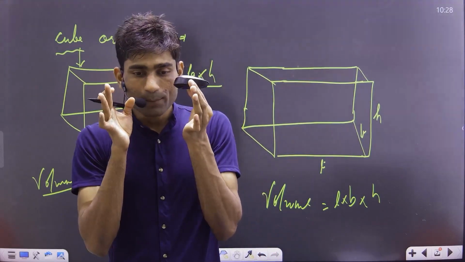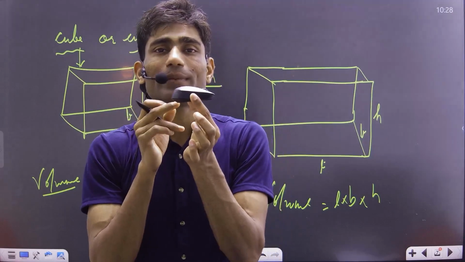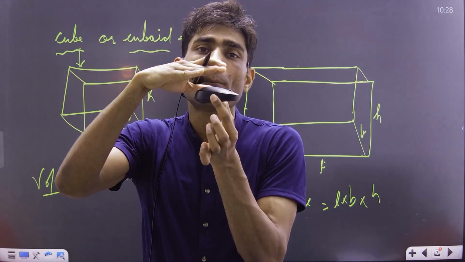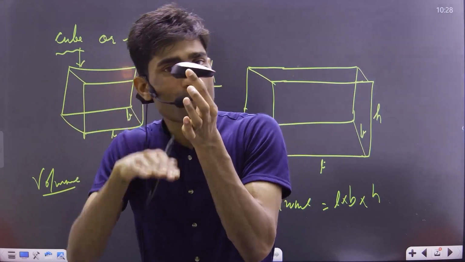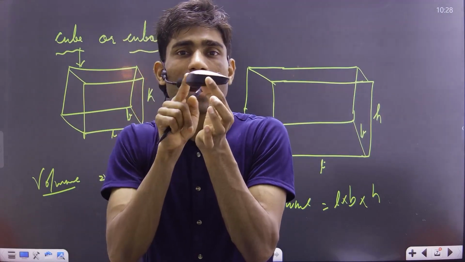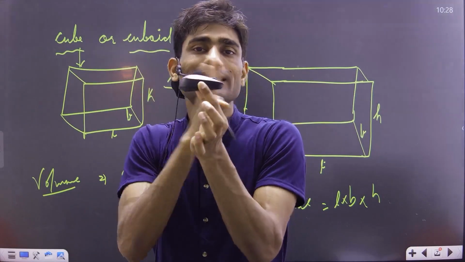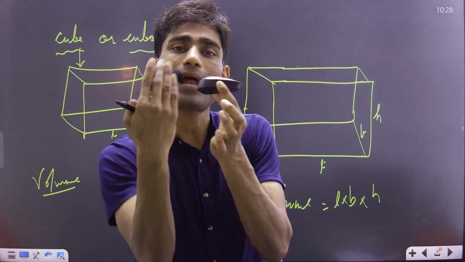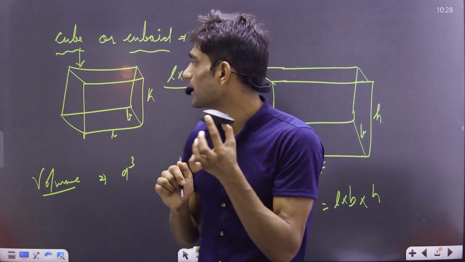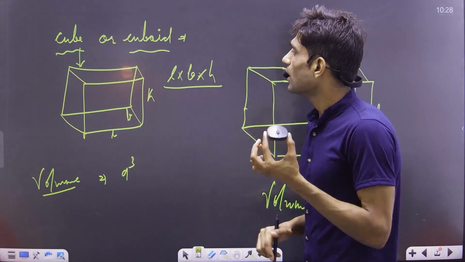We have to leave out the top and bottom, and only add the left and right sides, the front side and the back side. These are all the parts of our cube or cuboid.